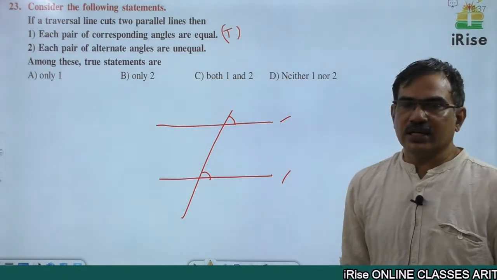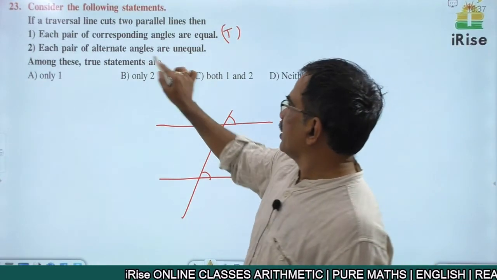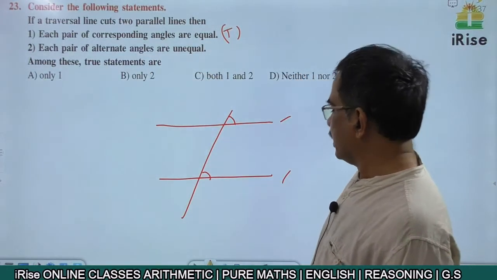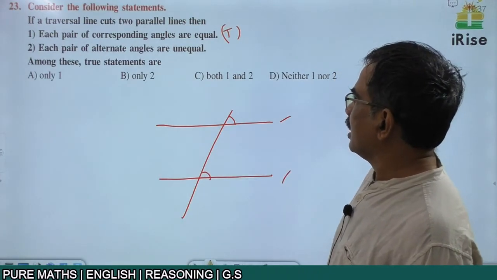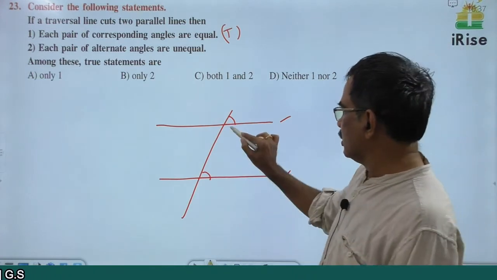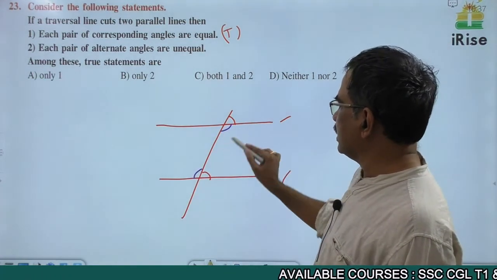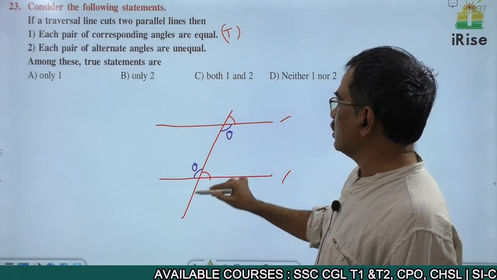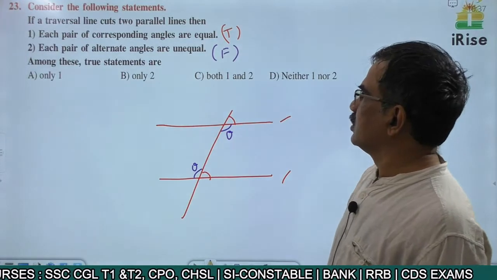Each pair of alternate angles are unequal. Alternate angles are either alternate interior angles or alternate exterior angles. These two are alternate interior angles. They are always equal. If this is theta, this is also theta. So this is wrong, this is false.